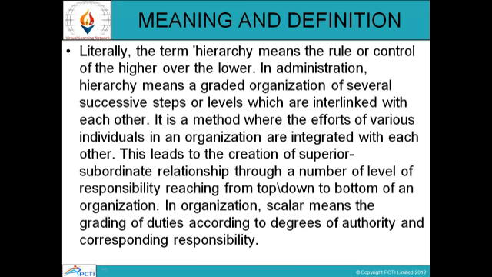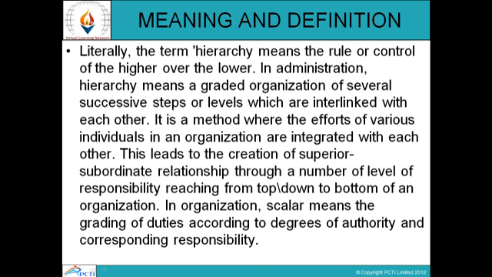So this is a method where the efforts of various individuals in the organization are integrated with each other. These are the ways in which they are related to each other, and are considered an important part of each other. It is a method where the efforts of various individuals in an organization create the superior-subordinate relationship.